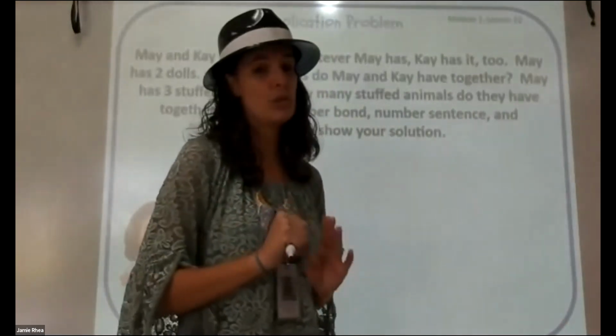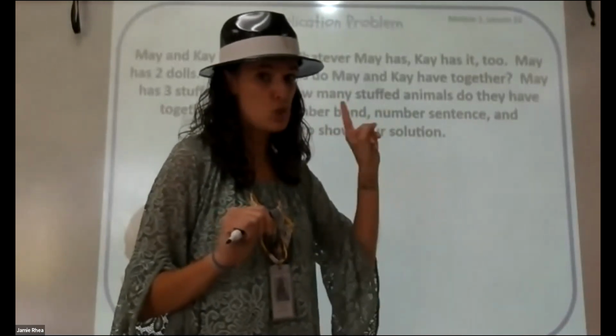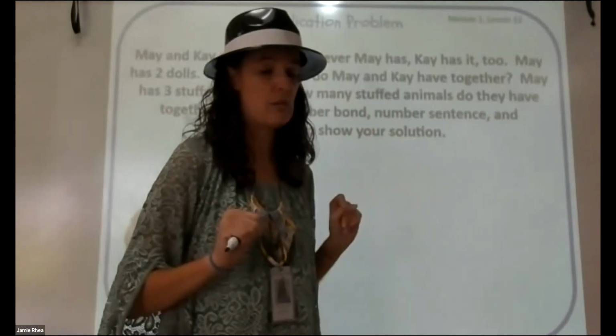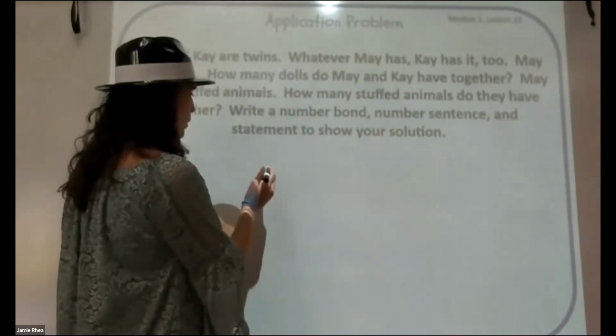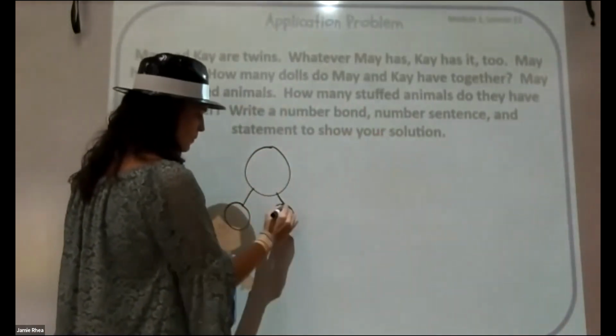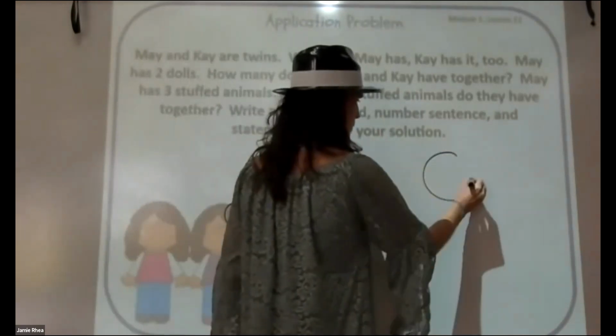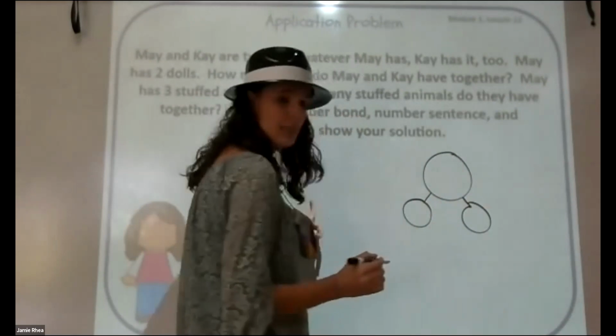So here's what we're going to do. We're going to draw 2 number bonds because we have 2 different things we're looking for. We're also going to do 2 number sentences. So let's put 1 number bond here, 1 number bond here, and we're going to label them.